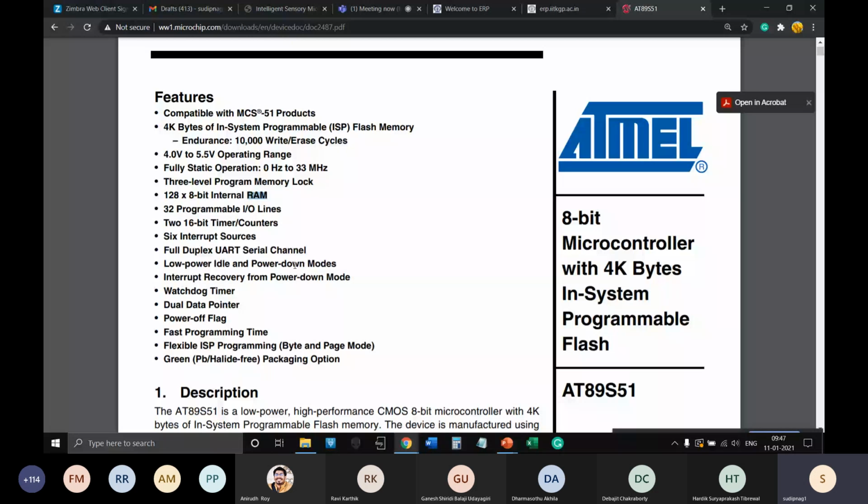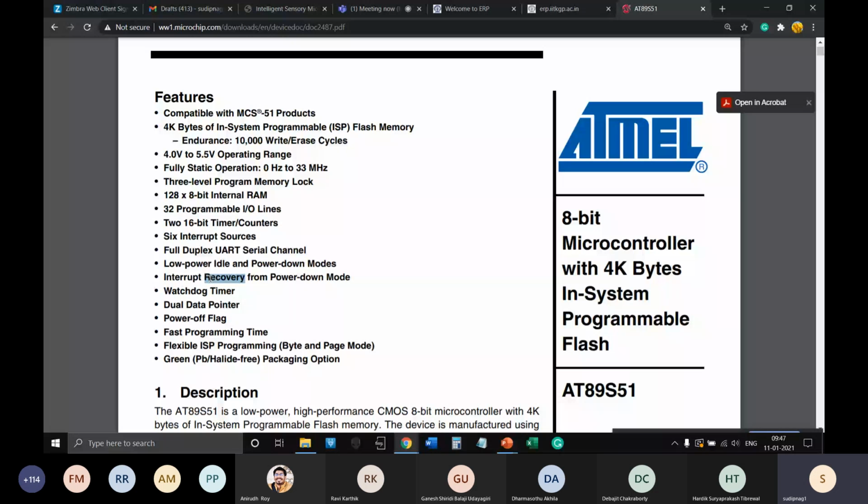So whatever you don't need, keep it in power down, and whatever you need, use the microprocessor or part of this chip. Then interrupt recovery. Suppose your microprocessor is sleeping, and then you can press a button and ask it to come up from the interrupt, or basically power down mode, and then start executing. So it recovers from power down based on interrupt.